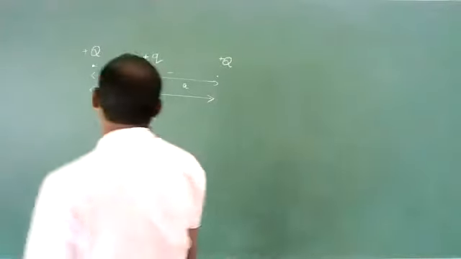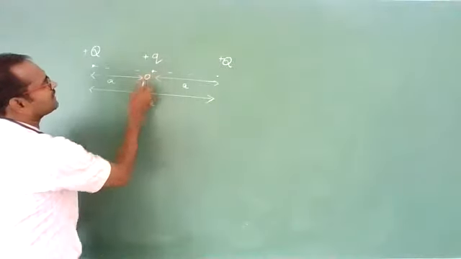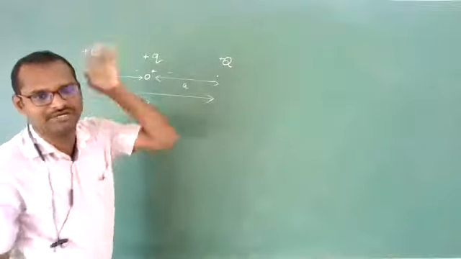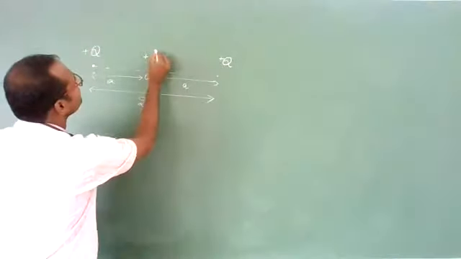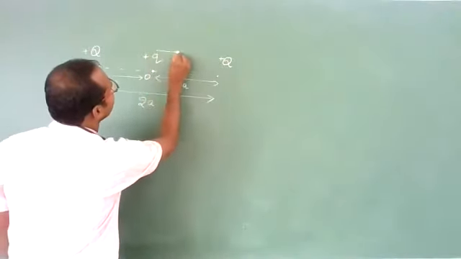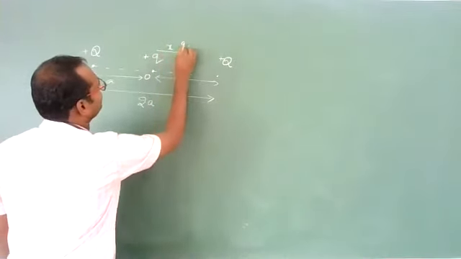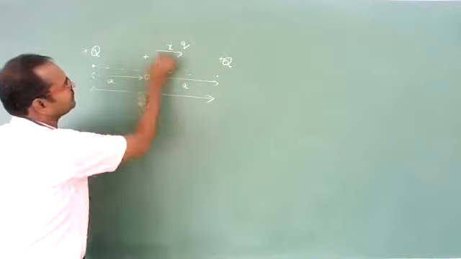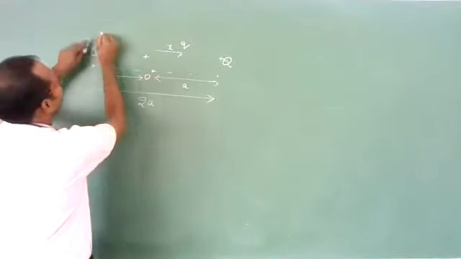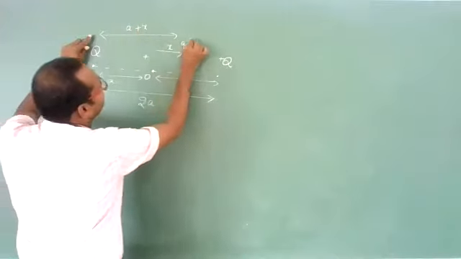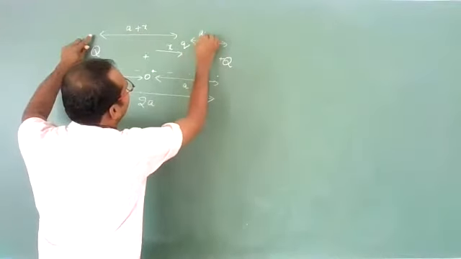Now in this position, at a distance of a from either charge, it is in equilibrium. If we displace this charge by some distance, let us suppose x, q came from here to here. Now this distance becomes a plus x, and this distance becomes a minus x.